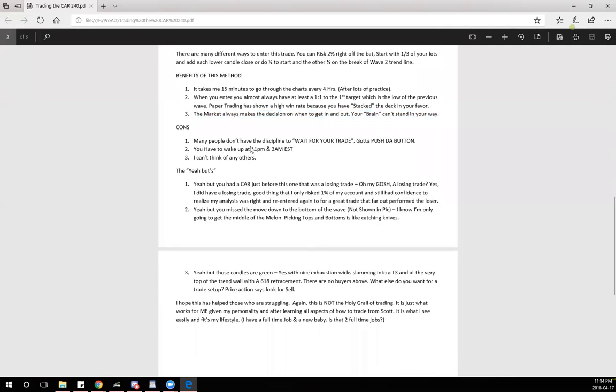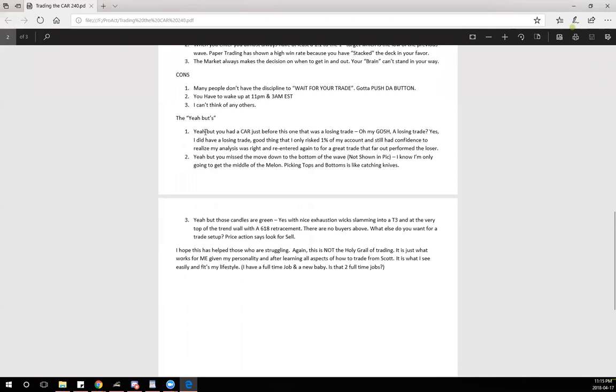And then the other downfall here, which a lot of people won't be willing to do to have a successful trading life, even if that's all they have to do, is you have to wake up at 11 Eastern time if you're not in bed by then, and then 3 a.m. That's London session that's starting, because you get a candle every 4 hours. That's it.